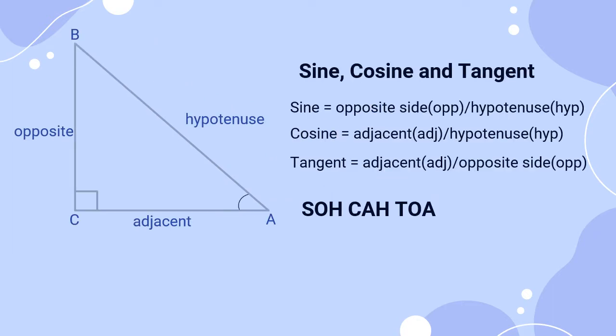So in this chapter, we're going to study the first three trigonometric ratios or trigonometric functions, which are sine, cosine, and tangent. In sine, the formula is opposite side divided by hypotenuse.